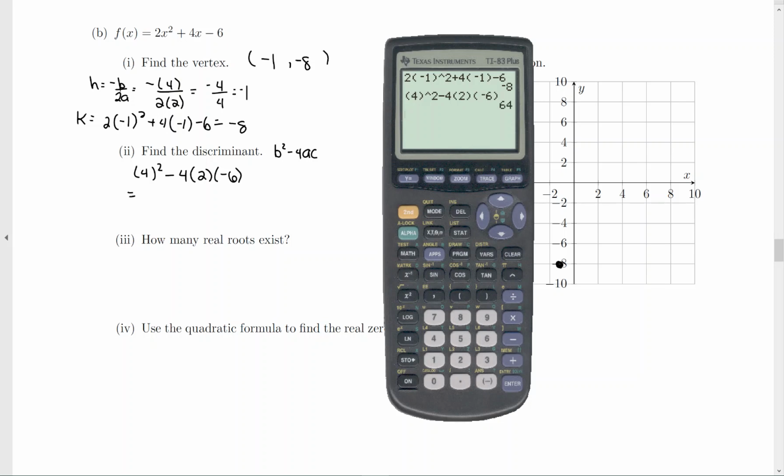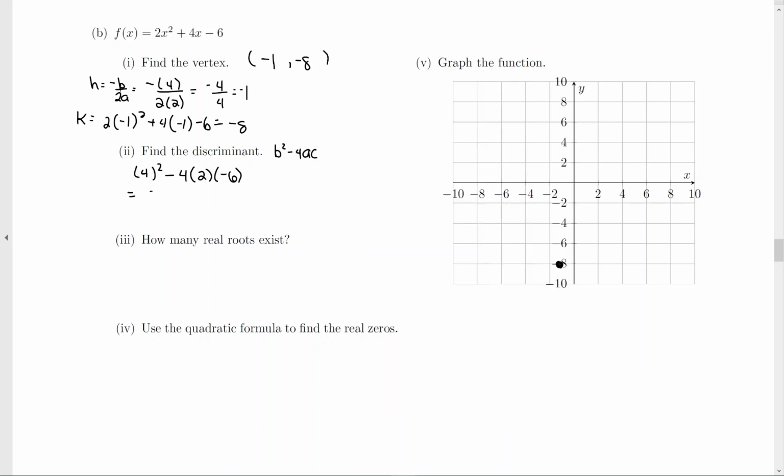Right, so our end result, 64. Now that 64 indicates how many real roots exist. Since our discriminant is greater than 0, that means I'm going to have 2 real roots, or 2 x-intercepts.